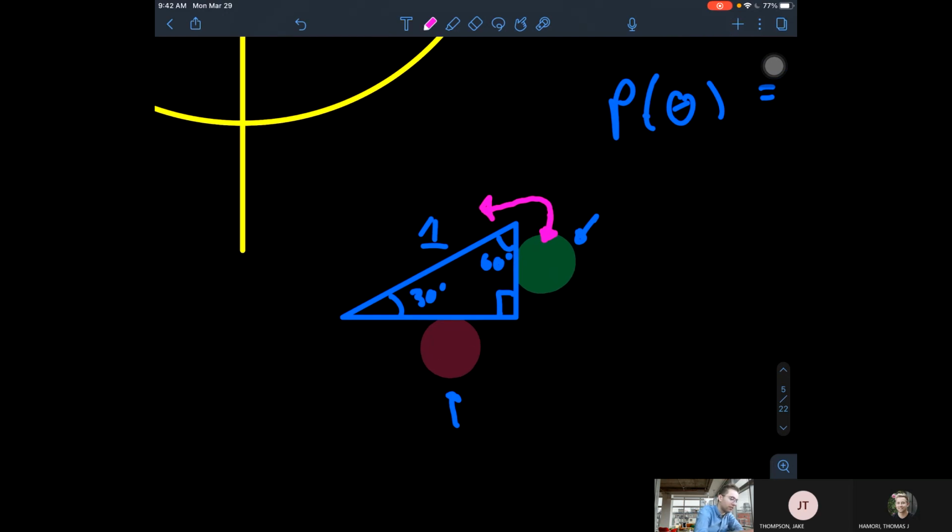Okay, let's maybe give it a name. Let's say that this side length here is y.